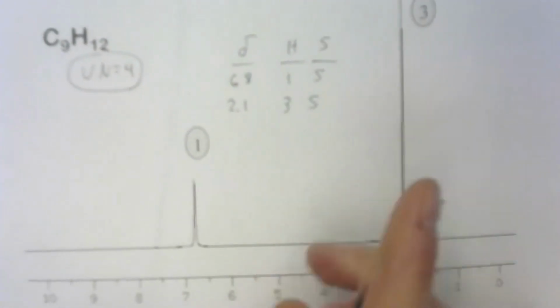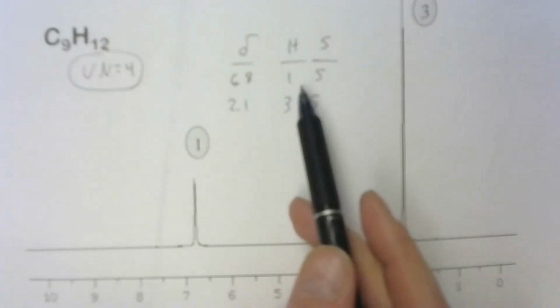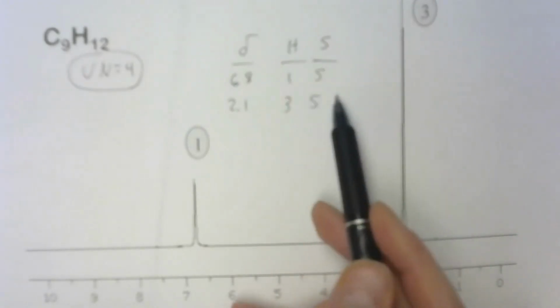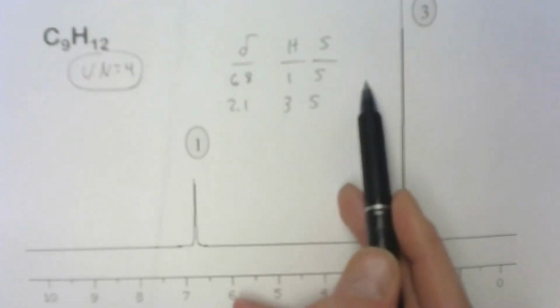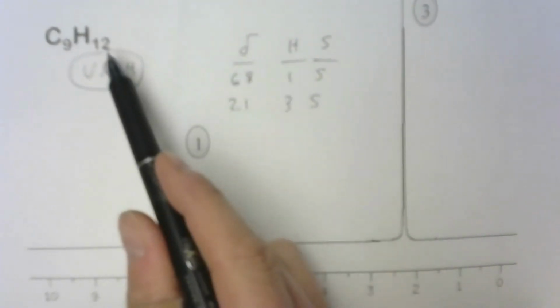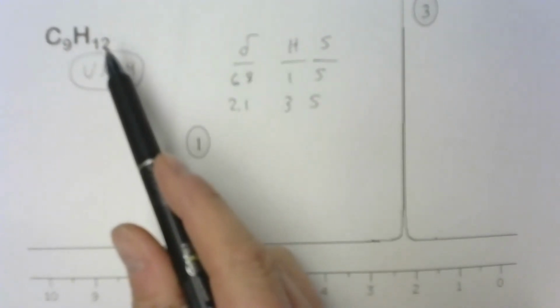You could get confused by this. How do I make my little substructures? That's kind of hard here, and the reason is because we have 12 protons, right? How can I have 1 and 3 and it come out to 12? Maybe not.